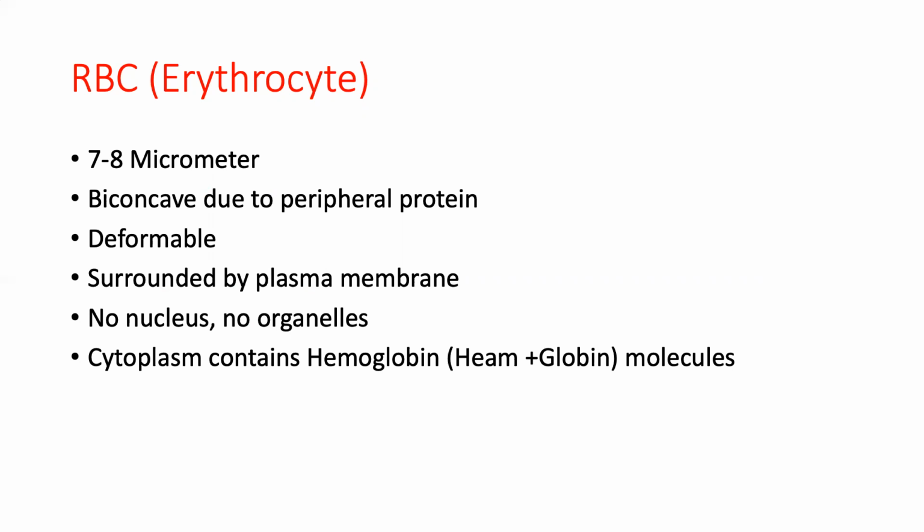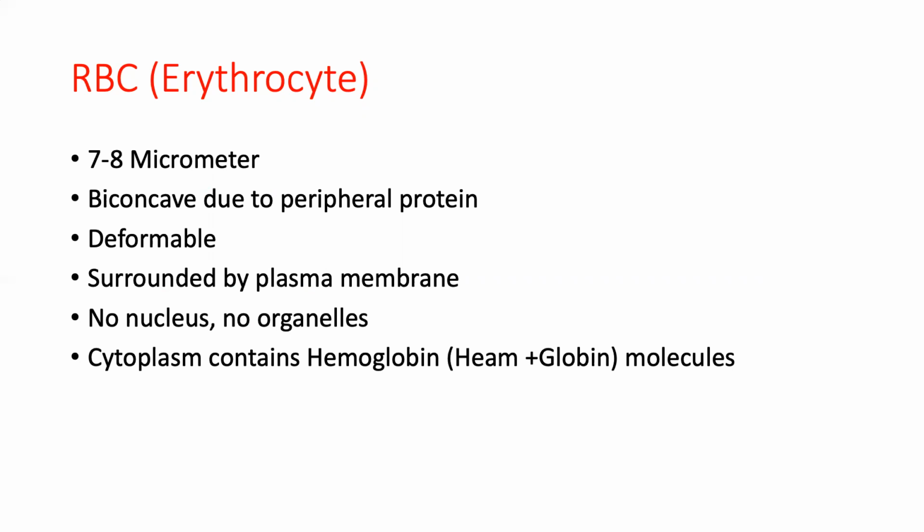They are surrounded by plasma membrane. Although we say red blood cell, actually it is not a complete cell because it does not contain a nucleus, it does not contain organelles in the mature RBC, and their cytoplasm contains hemoglobin.